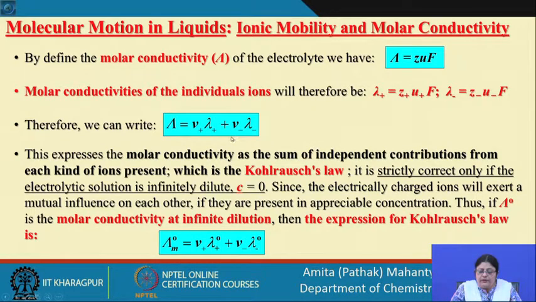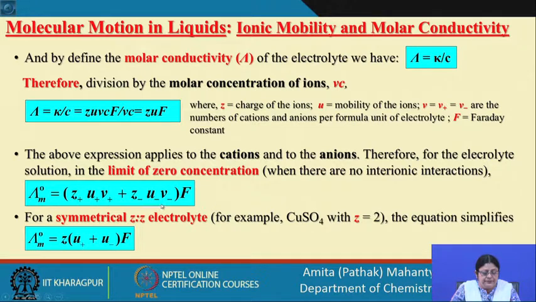So, depending on the type of ion and the number of positive ions generated, we can rewrite that as Z lambda for the plus ion, and this is lambda for the negative ion. Just have a look at this expression. We can separate out this and F as for the positive ion, this and this as for the negative ion. So, what are we left with? The nu plus and the nu minus.